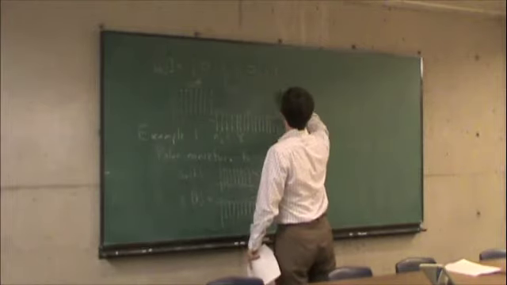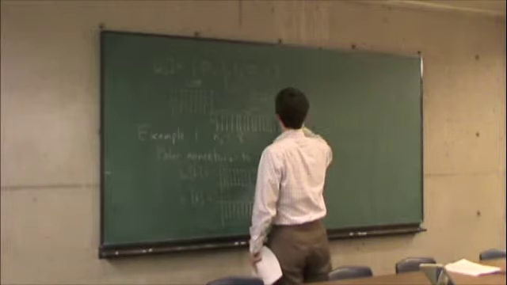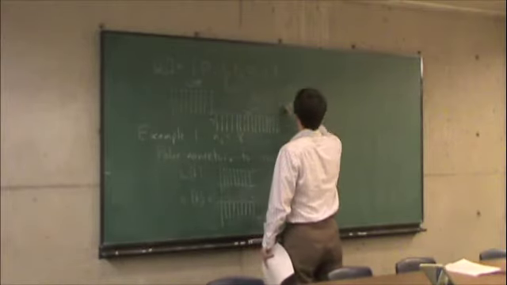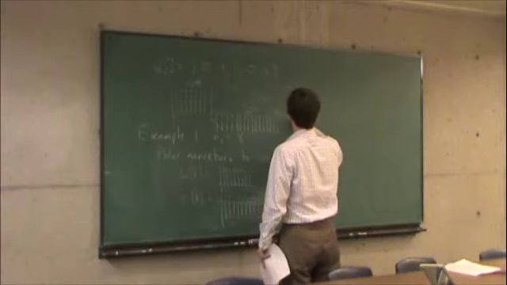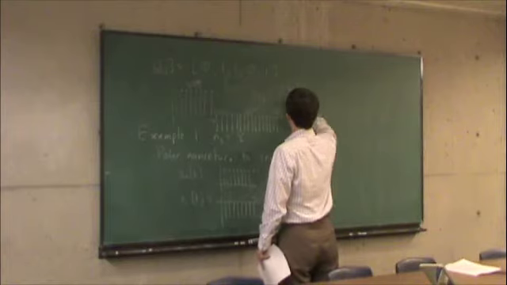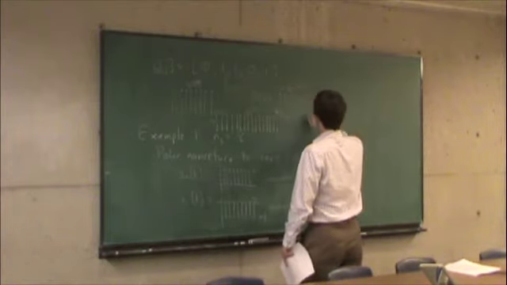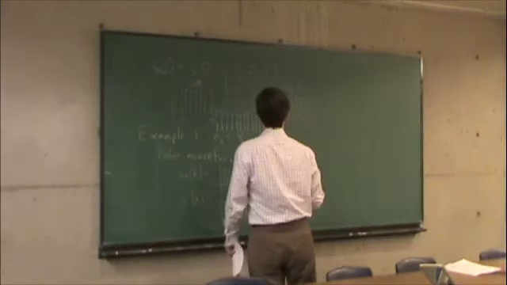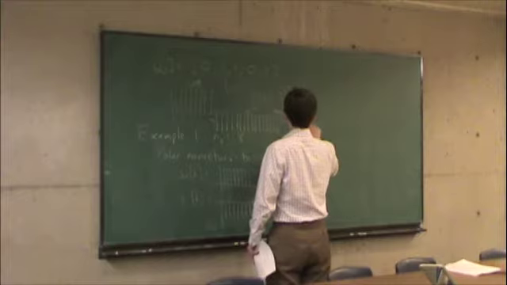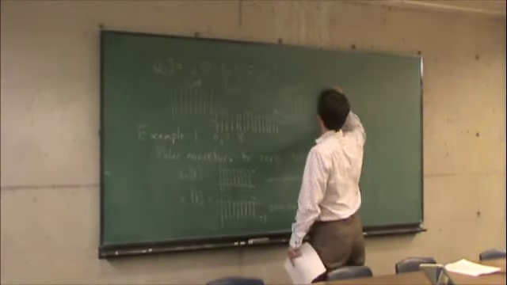Then I have a 0. Additional 8 samples, from 3NB plus 1 to 4NB. And finally I have 1.